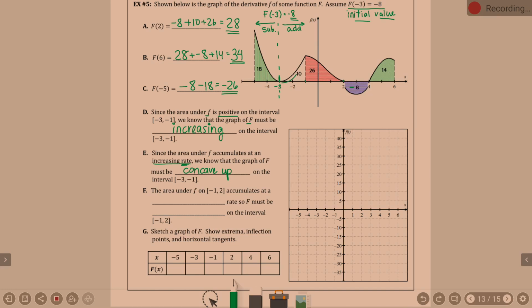What's happening from -1 to 2? It accumulates at a decreasing rate. And when we talk about a decreasing rate, we are talking about concave down.